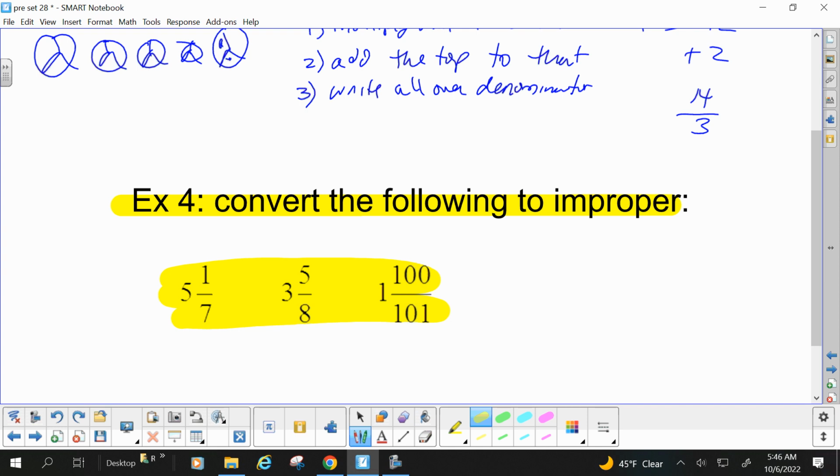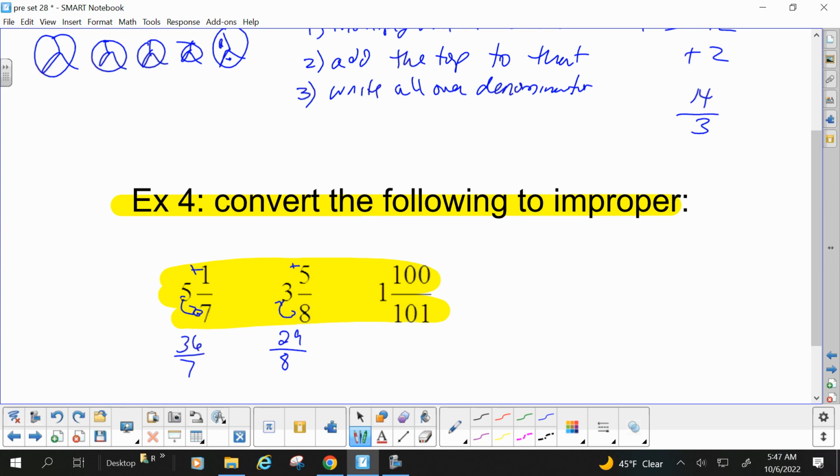All right. Pause if you need another second, but I don't know if you're sitting there waiting for me either, so let's go. So this one, I take 5 times 7, add that 1, 35 plus 1 is 36. This, I take 3 times 8, which is 24, add 5, that's 29, and it's altogether 8.